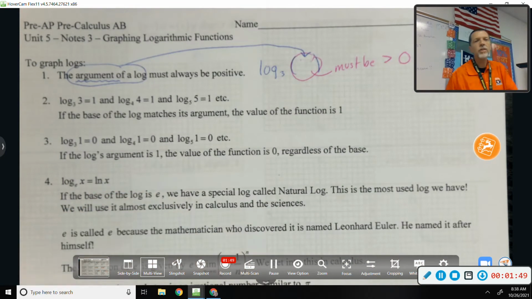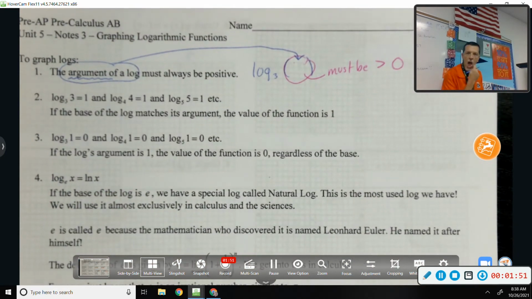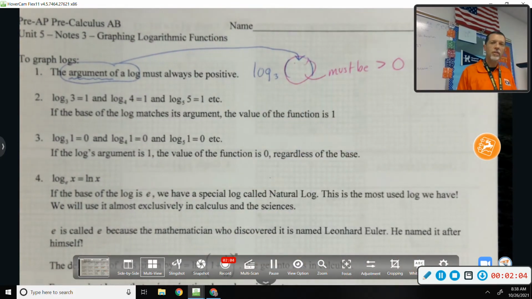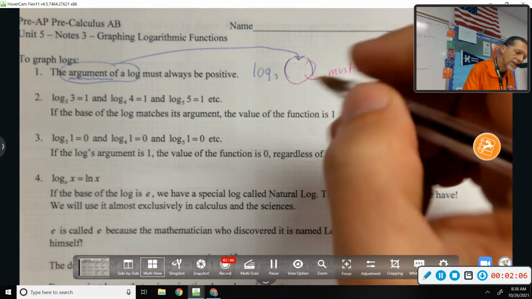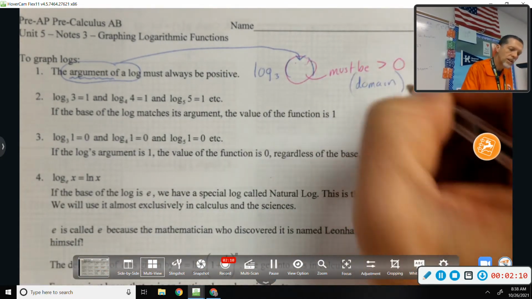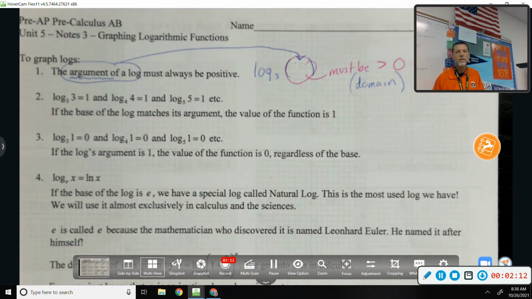Not equal to 0, greater than 0. This will matter more when we do equations, because sometimes we'll get extraneous solutions that don't really work, but save that for later. For now, what's inside has to be greater than 0. For us, today, that's going to lead to domain issues, like what can x be? Well, there can't be anything that makes that 0 or negative.